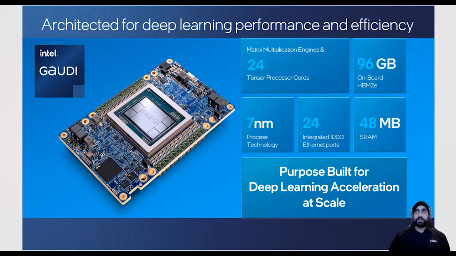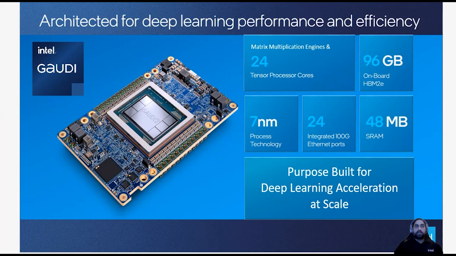It's got 48 MB of static RAM and also 24 tensor processing cores with a couple of matrix multiplication engines built in. This card has been designed keeping in mind AI acceleration at scale. So you can have multiple of these running together, and multiple servers having multiple such cards running all together for your AI workloads.